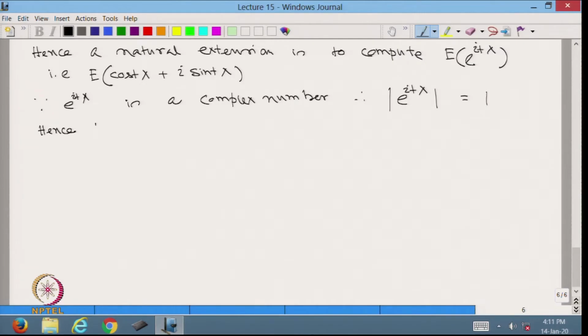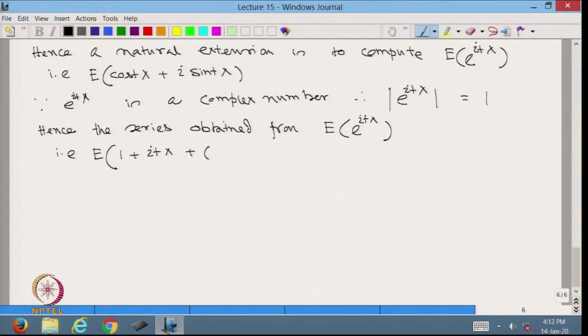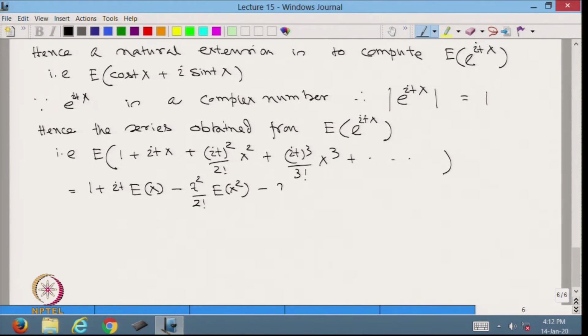Hence, this series obtained from the expected value of e to the power i t x, that is, the expected value of 1 plus i t x plus (i t) whole square upon factorial 2 x square plus (i t) whole cube upon factorial 3 x cube, is equal to 1 plus i t times expected value of x minus t square upon factorial 2 expected value of x square minus i t cube upon factorial 3 expected value of x cube.